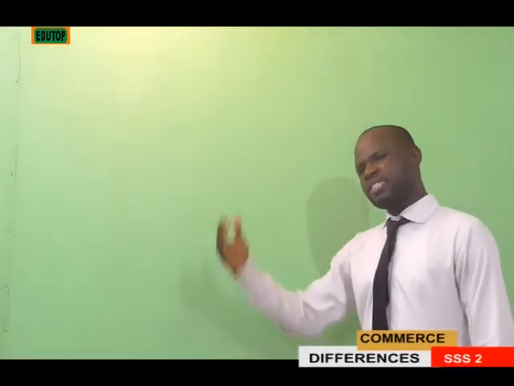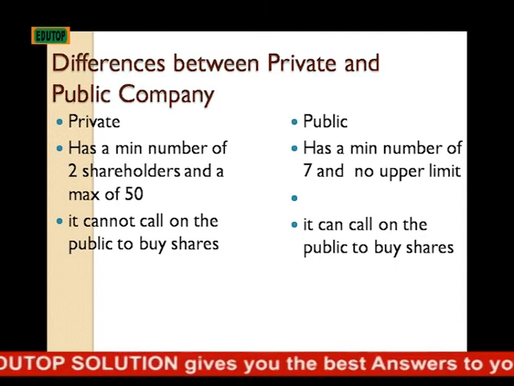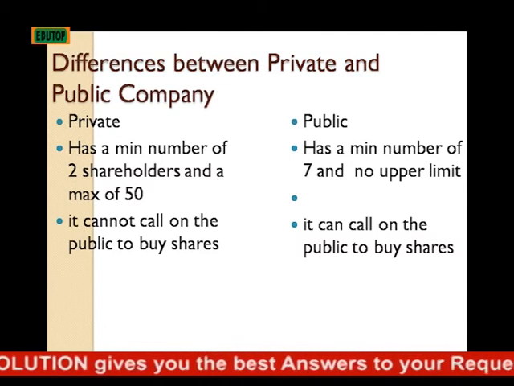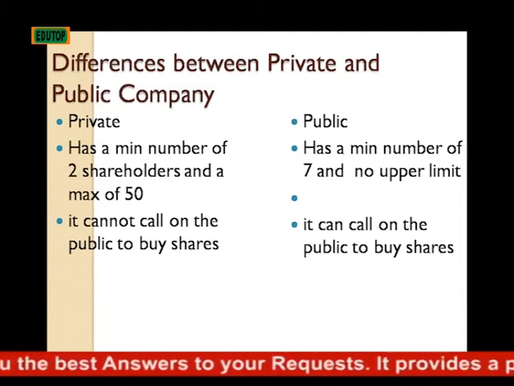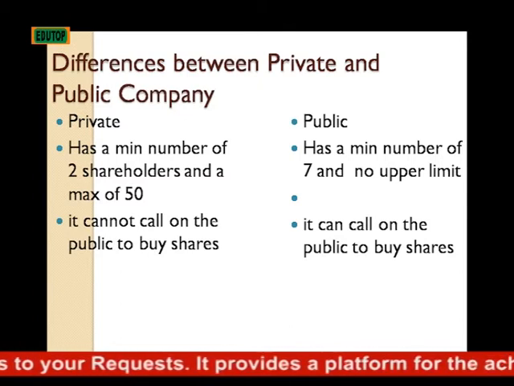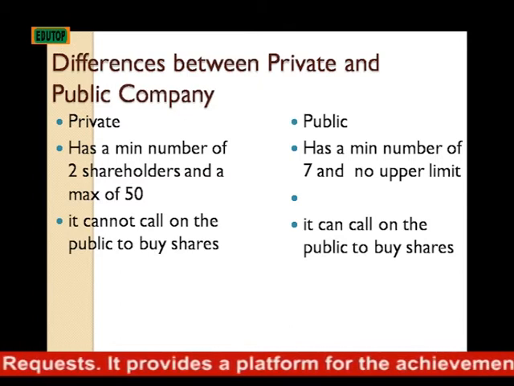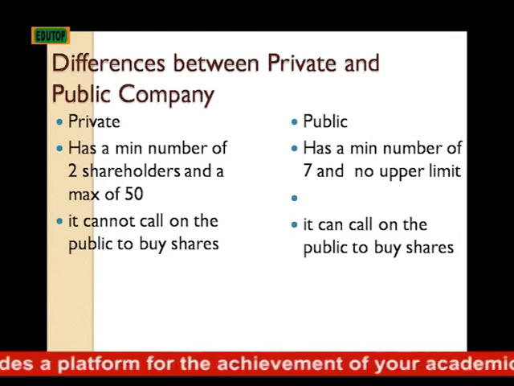Let's look at differences between private and public company. Private company has a minimum number of 2 shareholders and a maximum number of 50, while public company has a minimum number of 7 and no upper limit. Private company cannot call on the public to buy shares, while public company can call on the public to buy shares.